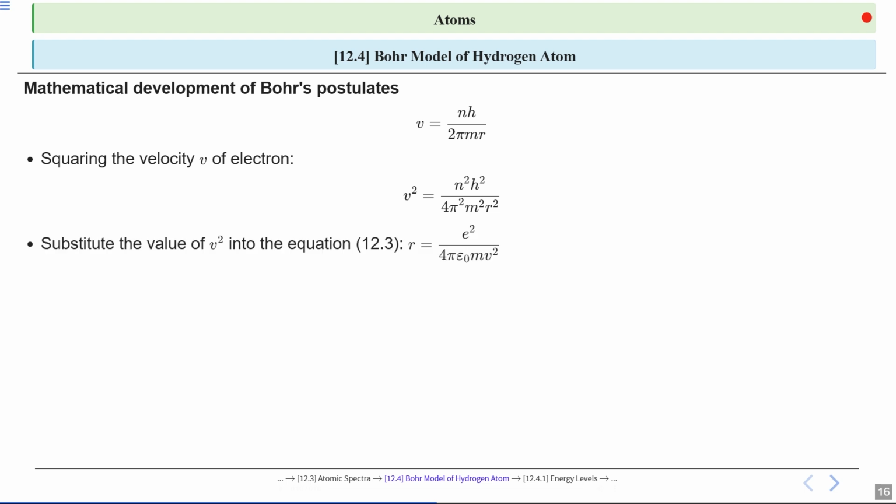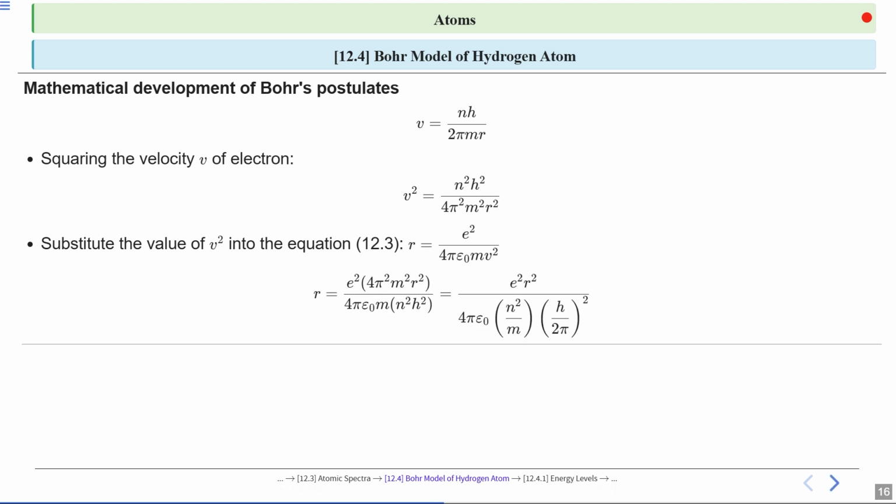Next, we substitute this value of v square into another important equation, 12.3, that is r equal to e square upon 4 pi epsilon naught m v square. Here e is the charge of the electron and epsilon naught is the permittivity of free space. By plugging in our expression for v square, we can relate the radius of the orbit directly to the quantum number n and other constants.